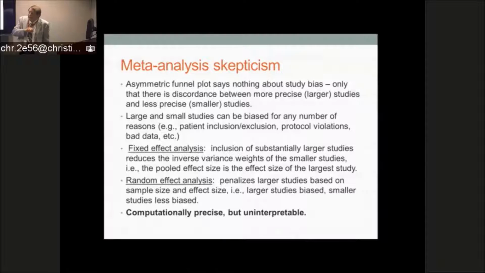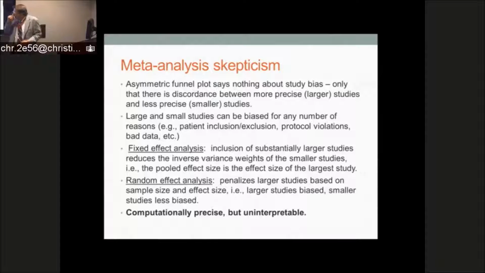It's purported to indicate publication bias, but it doesn't have anything to do with actual bias within a study. The reason is obvious: whether the study is large or small, there can be biases in it. For example, you might have protocol violations, or bad data in a big study just as well as in a small study.